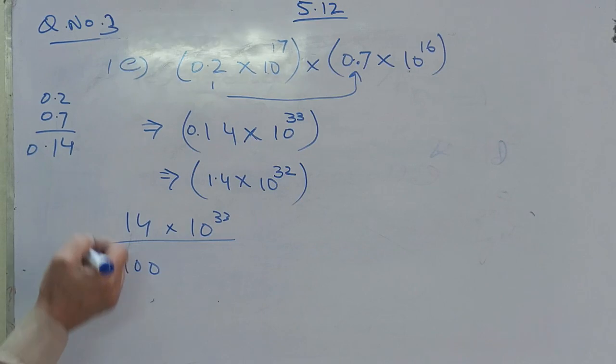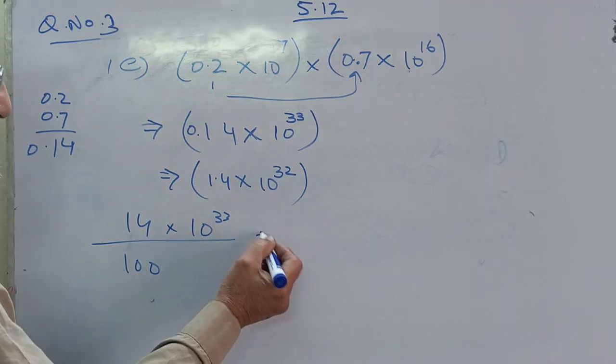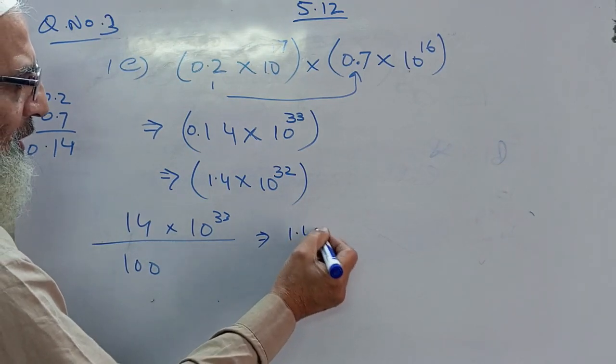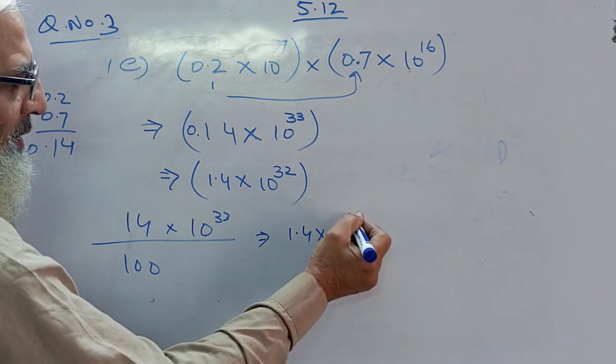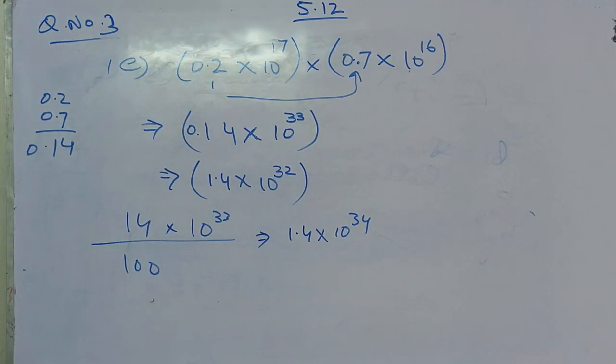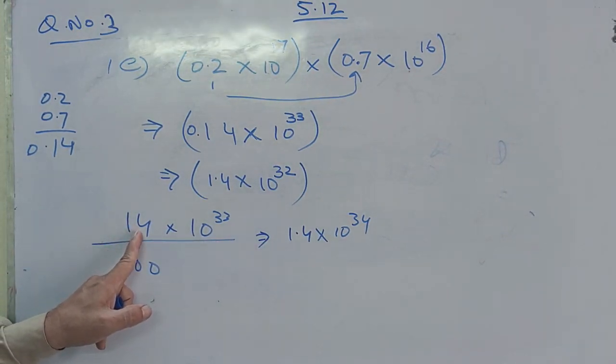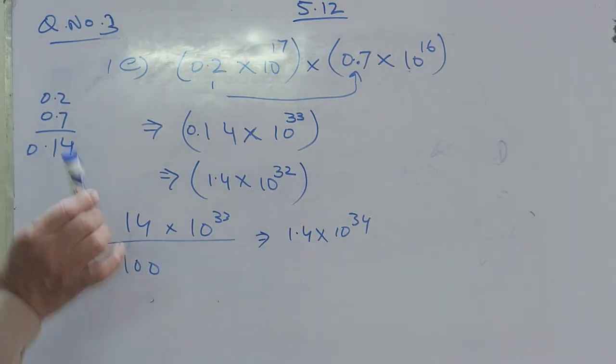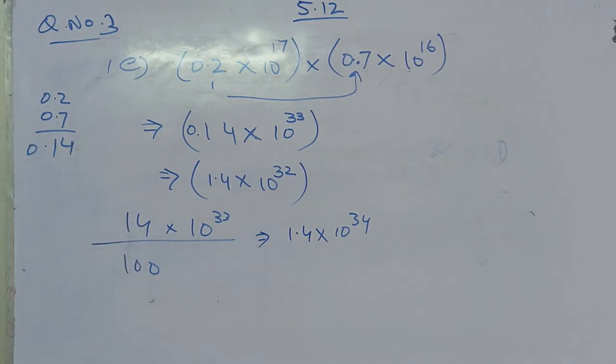So it can be written as 1.4 into 10 raised to power 34, because what I've told you is to start counting the zeros from the point.